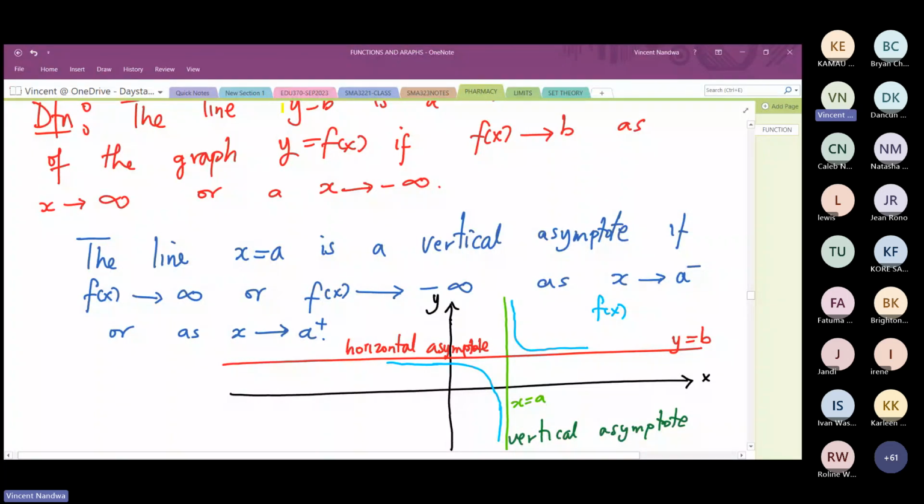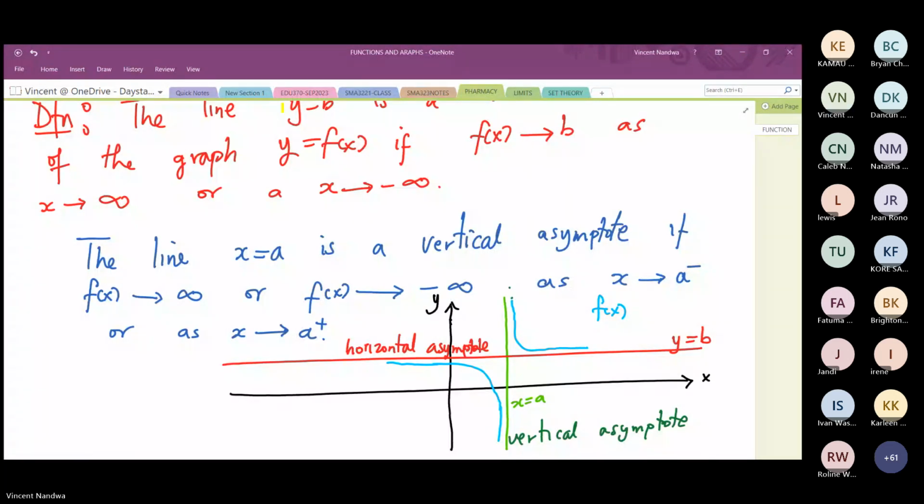So vertical asymptotes are vertical lines such that the function appears to be growing larger and larger. The function appears to touch those lines as you make the value of the function either larger or smaller.